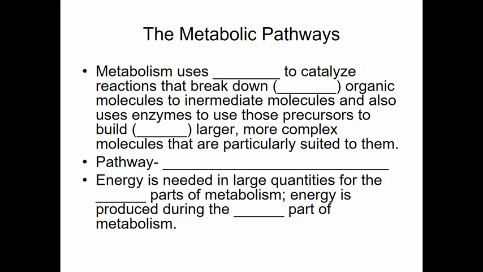What is a pathway? What's a biochemical pathway? A series of what? Chemical reactions. Okay, so a pathway is simply a series of chemical reactions which take substrates to products.